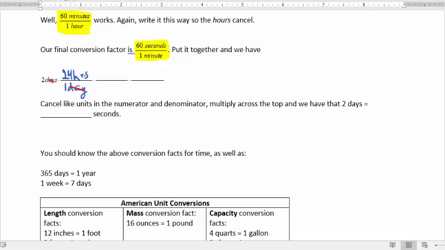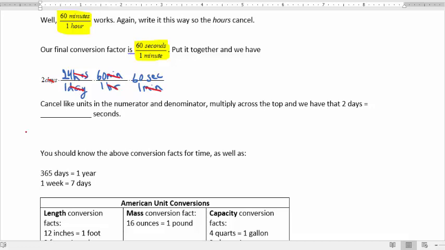But now I need hours to cancel, so I'd use my next conversion factor, which is 60 minutes over 1 hour. Now hours would cancel. And then finally, I would use my final conversion factor, which is 60 seconds over 1 minute. And now minutes would cancel.